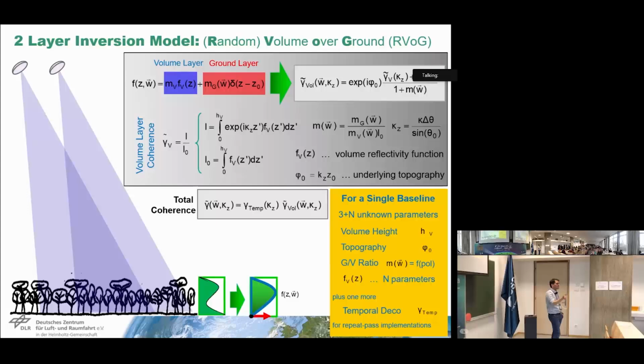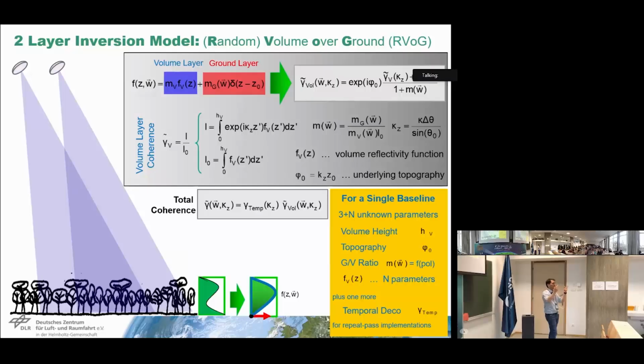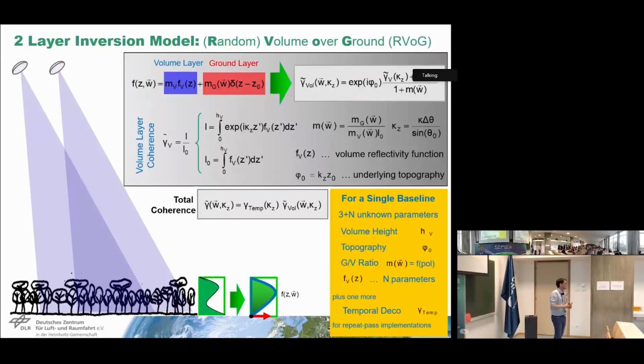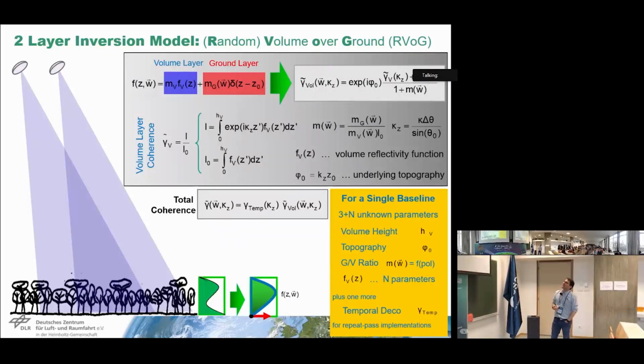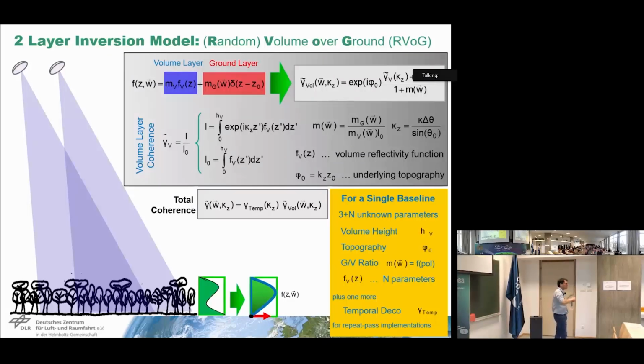How many real numbers? 2, because you have an amplitude and a phase. So you measure 2 numbers, and you have to invert 3 plus n numbers. You say, the model is already underdetermined. You can still invert and try to do something, but of course the solution is ambiguous. Or you need to guess something, you need to make assumptions. And of course, all of this without taking into account the temporal decorrelation, otherwise this is an additional parameter.